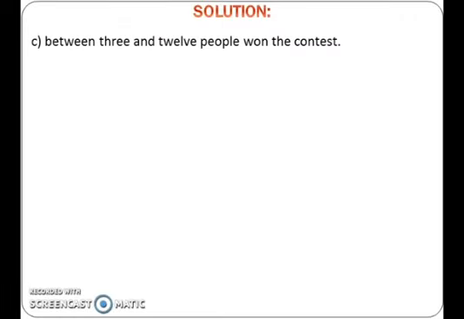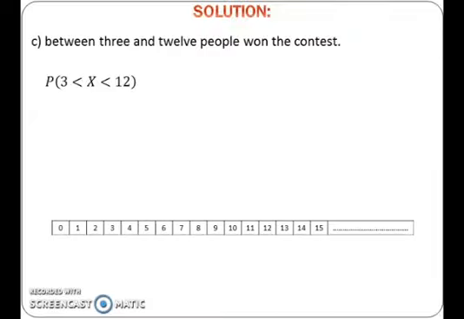Probability that between 3 and 12 people won the contest is probability of x between 3 and 12, where 3 and 12 are not included. To find probability of x between 3 and 12, first draw a number line from 0 to infinity like this. After that, mark the part that we want. The part that we want is 4 until 11.